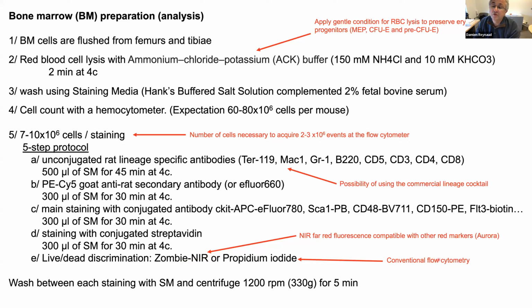And for conventional flow, we use propidium iodide, which is fluorescent like PSI5. So we put the lineage cells and the dead cells in the same channel, which is a dump channel.